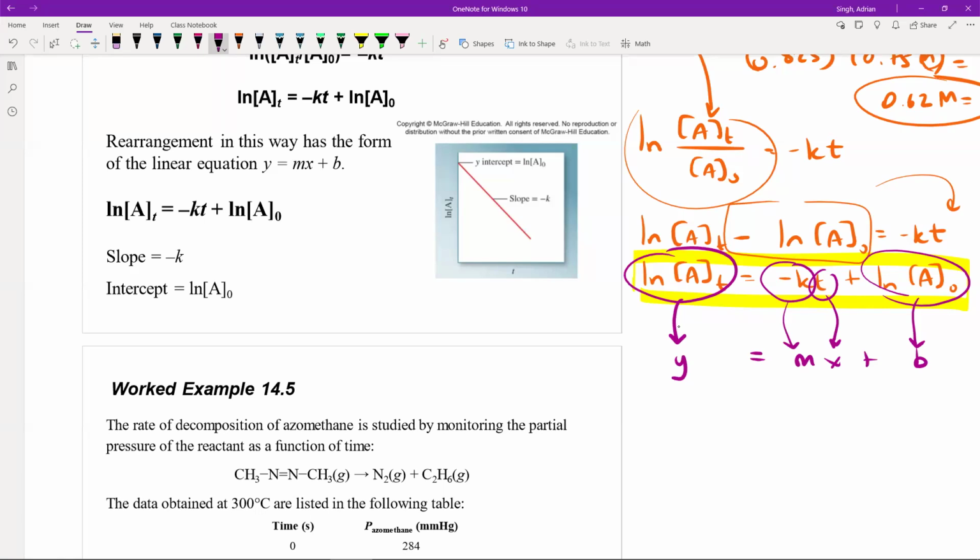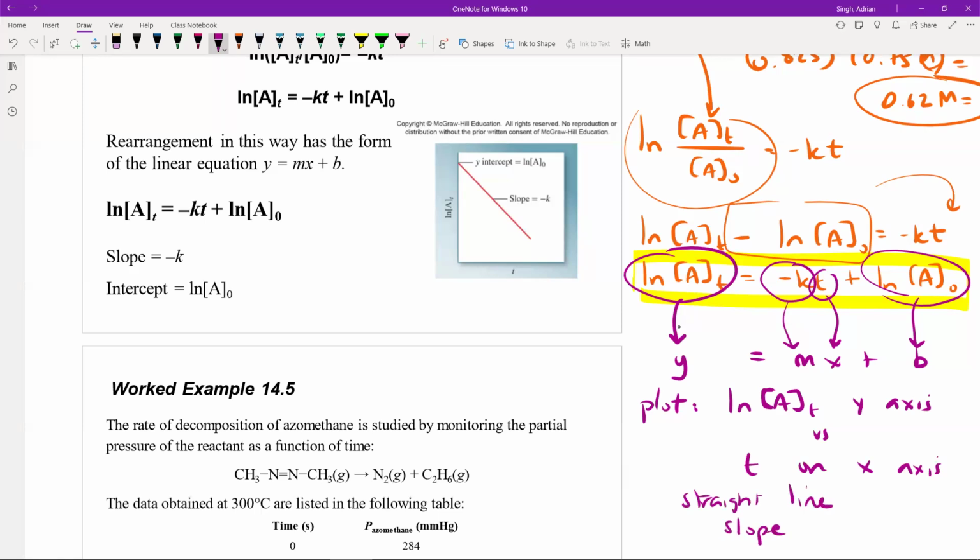So in this example, if I were to plot the natural log of A at time t on the y-axis versus time on the x-axis, what I would get is a straight line where the slope is equal to the negative value of the rate constant. And that will look very similar to this plot that we have up here.